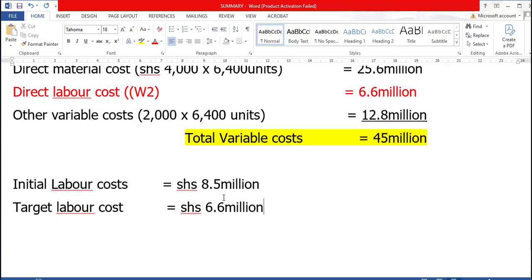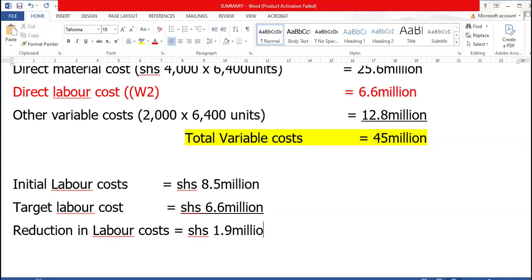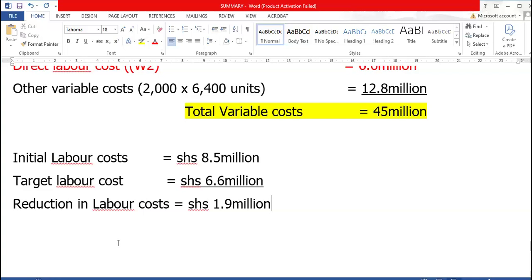Now, what does that mean? You have a reduction in labor costs. The difference is what? 1.9 million. That's what you need to reduce.